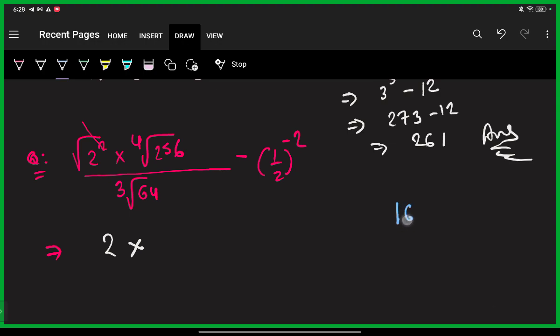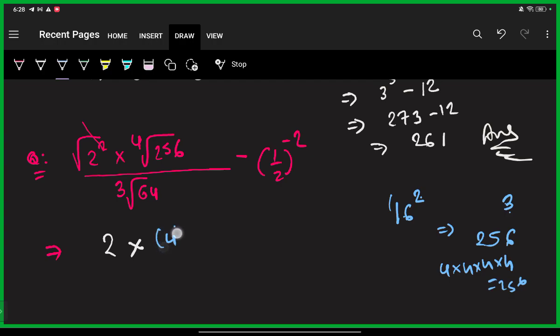See, what is 16 square? 16 multiplied by 16 is 256, right? So that means we can write 4 multiplied by 4 multiplied by 4, yes or no? As 256, so this 4 is simply 4.